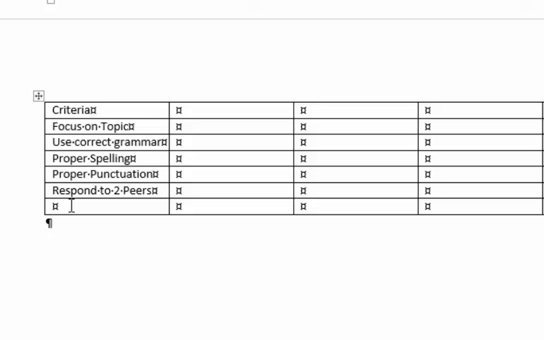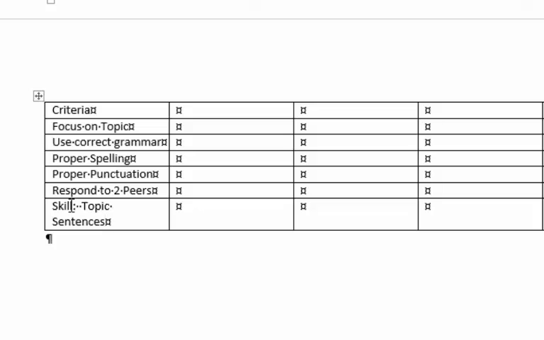So I may want to put one in here for skill, topic sentences, and maybe next week the skill that we're really focusing on is a conclusion. So I might change that skill to say conclusion, because this is where I'm focusing. So I can use this same rubric and just modify it for the particular skill. I'm always wanting to grade these things, but I want to focus on this skill.